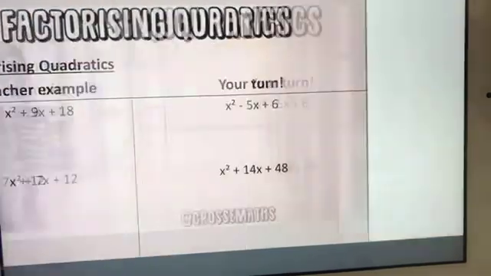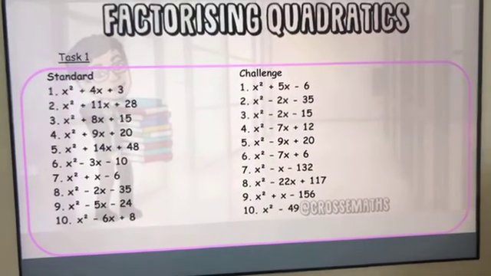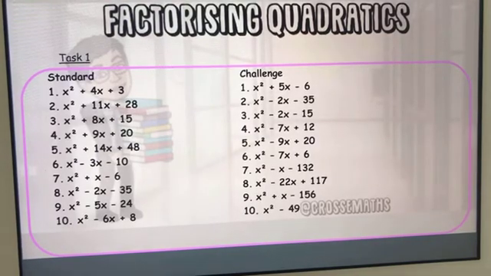Right, guys, I'm going to give you a couple of minutes just to have a go at those for me, please. Either do standard on the left or challenge on the right. I'll give you 2 minutes just to have a go at those, just to do a little bit of factorising.